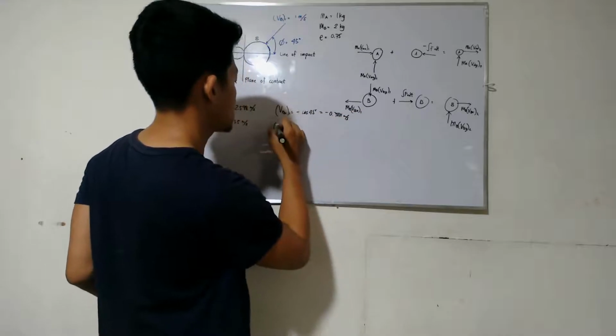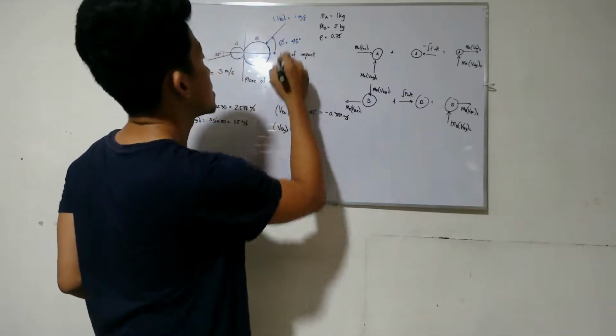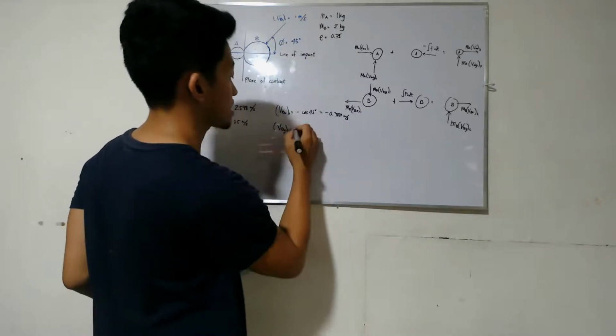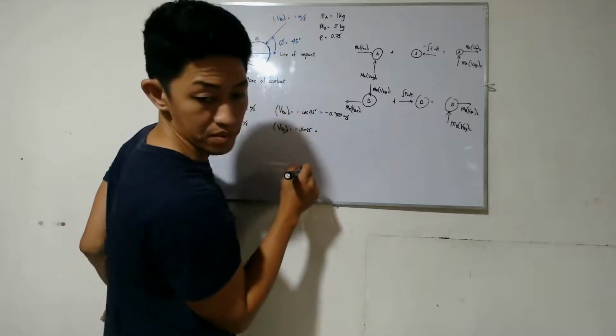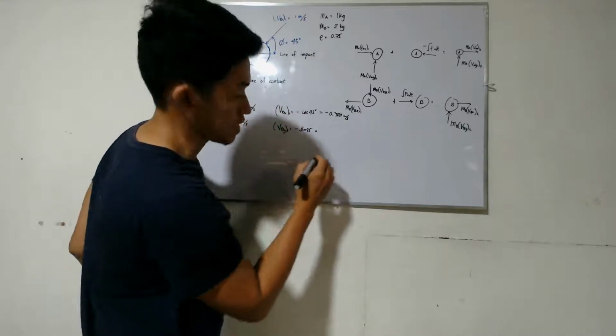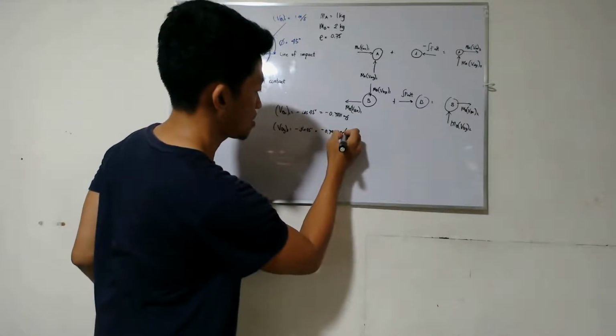Velocity BY1, again going downward, negative sine 45, negative 0.7071. Okay?